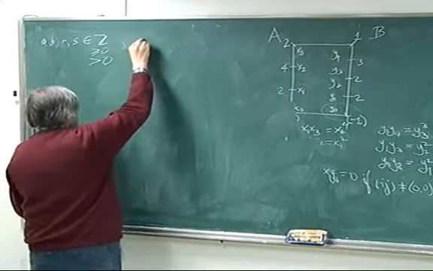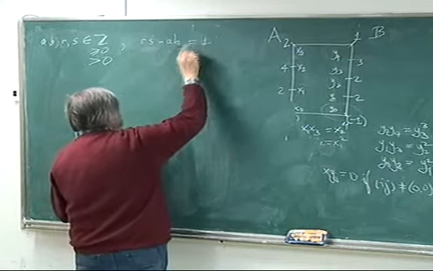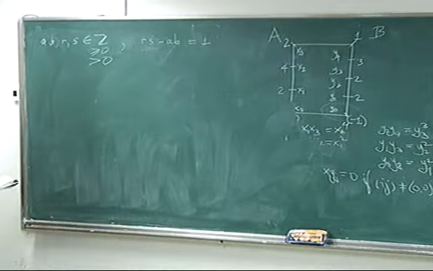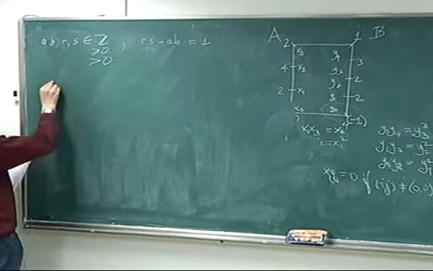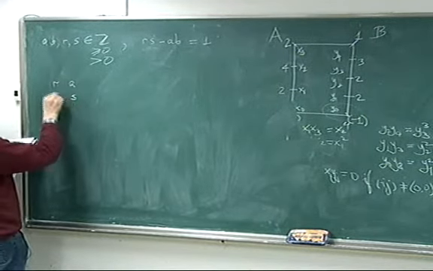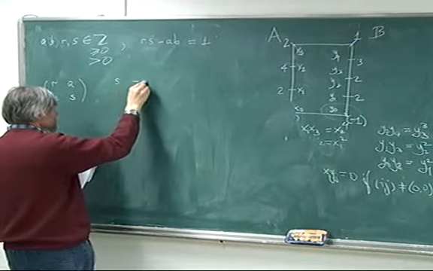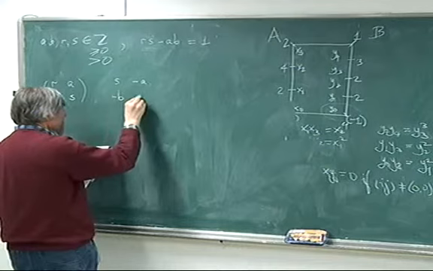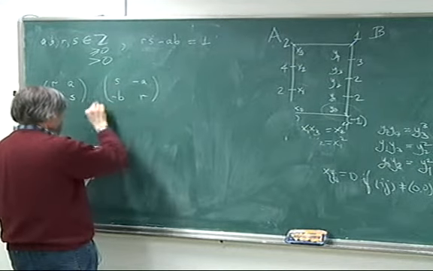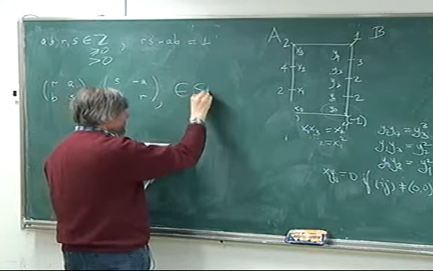Right, and I want that RS minus AB equals 1. Right, so this means that the matrices R, A, B, S, and S, minus A, minus B, R, and several others are in SL2Z.